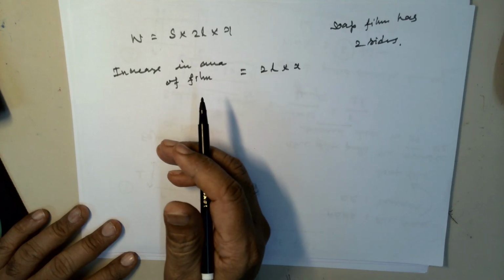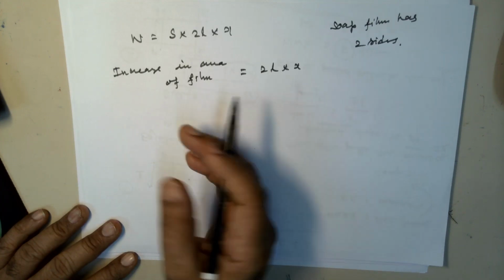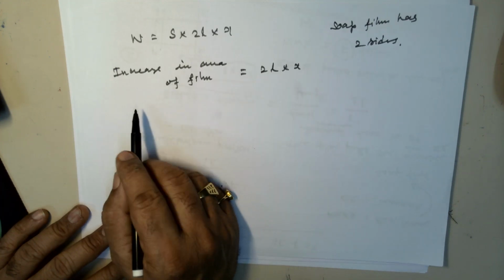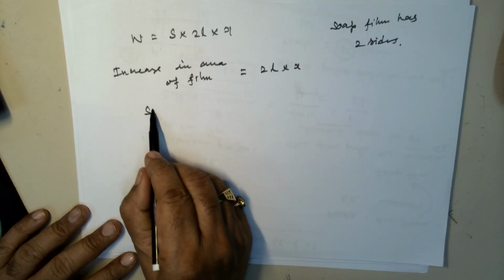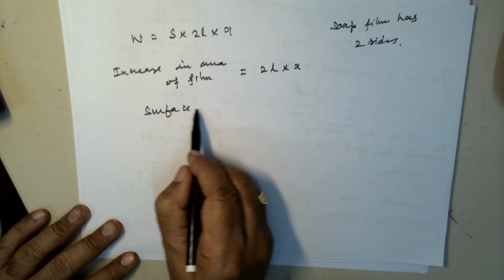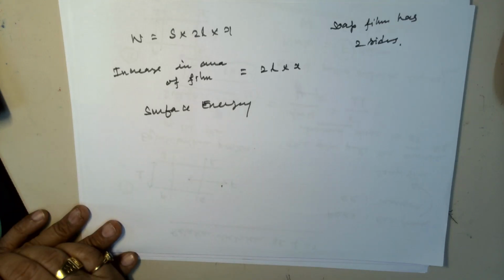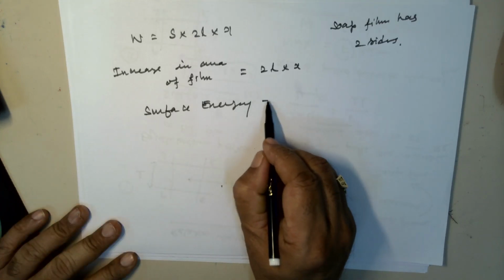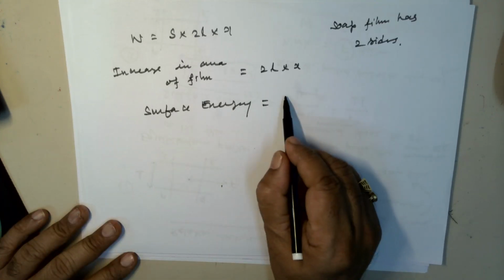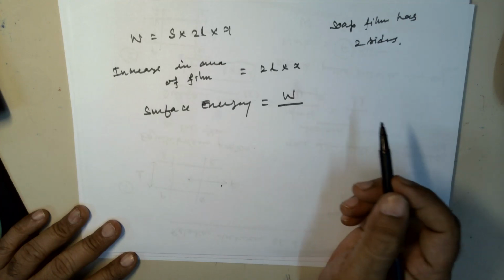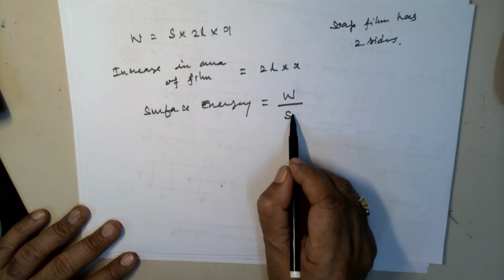Now energy is nothing but the capacity to do work. Therefore, the surface energy is equal to the work done divided by the surface area.